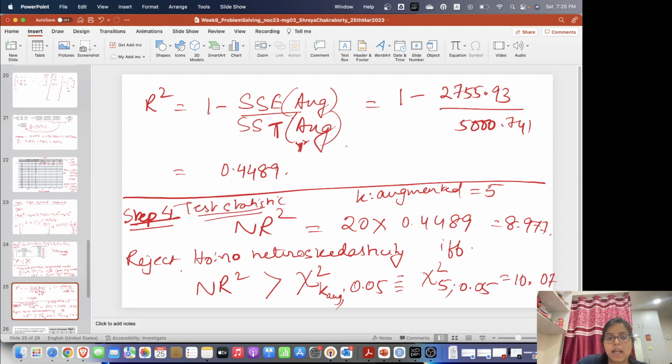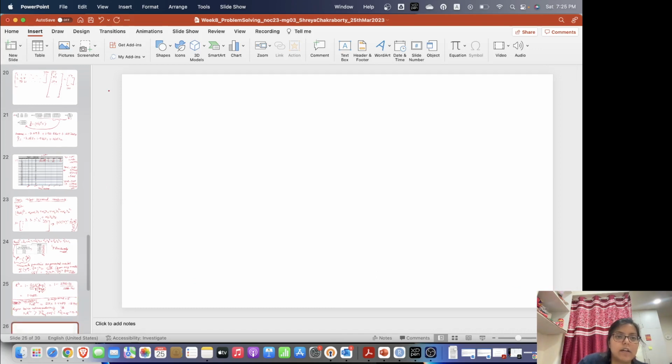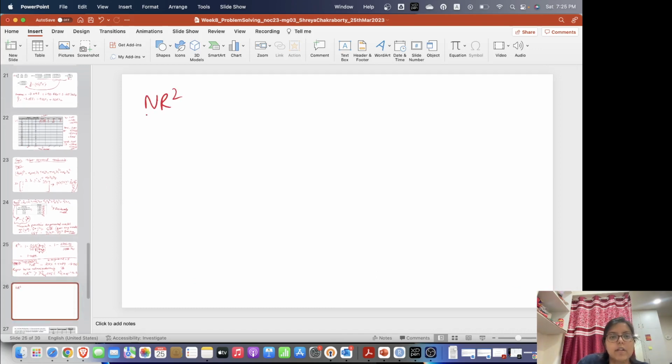Now nR square that we have observed is somewhere 8.977 and chi square 5, 0.05 is 11.07.